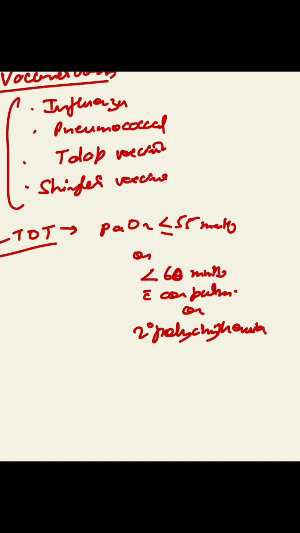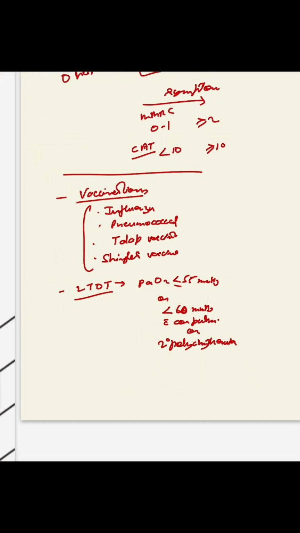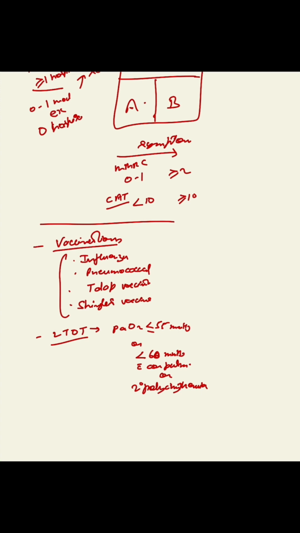right? So in the patients who require long-term oxygen therapy, the guidelines are straightforward now. If the partial pressure of oxygen is less than or equal to 55 mm of mercury, or if the patient has cor pulmonale or secondary polycythemia, the cutoff has been increased up to 60 mm of Hg, right?